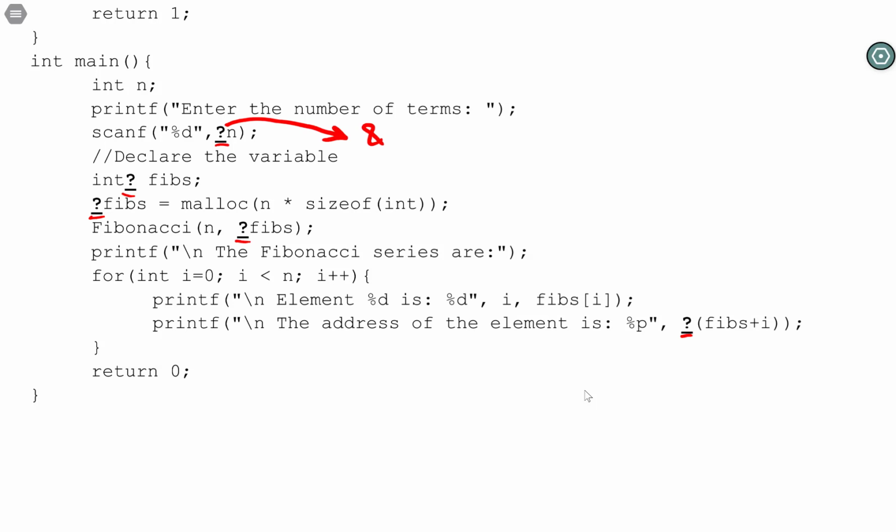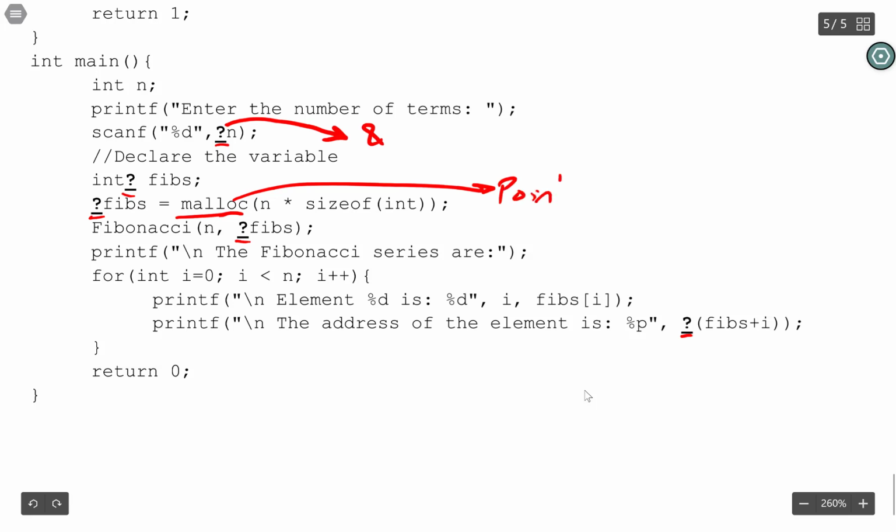So on the second line directly, you will find that we are using malloc, and as you know, malloc is always used with pointers, right? So in this case, I know that instead of this question mark, I will just have an asterisk, right?